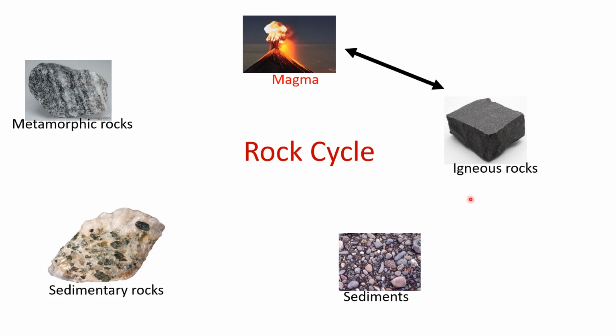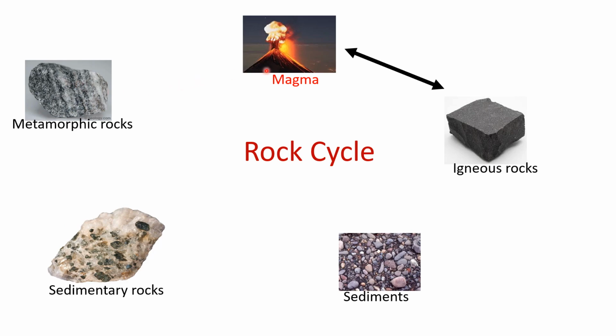These igneous rocks are broken down into small particles that are transported and deposited to form sedimentary rocks. When the igneous and sedimentary rocks are subject to heat and pressure, they change into metamorphic rocks. And again, metamorphic rocks change into magma.